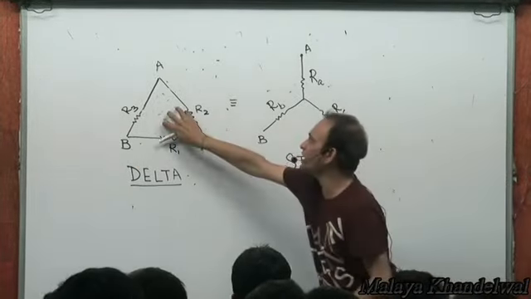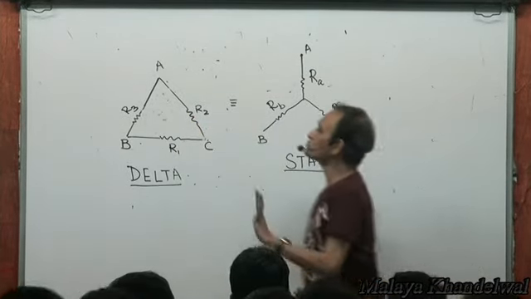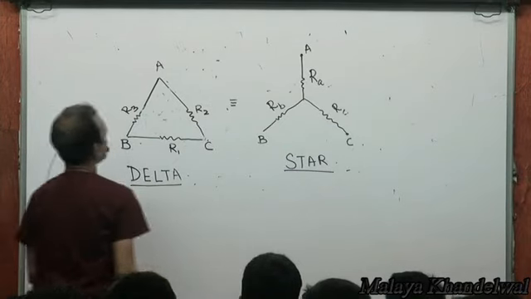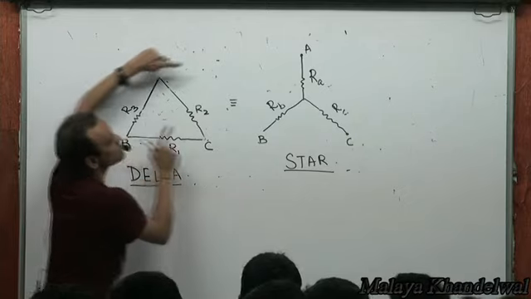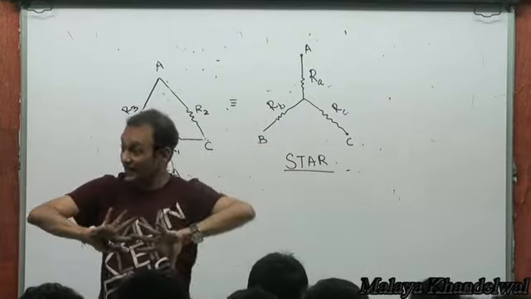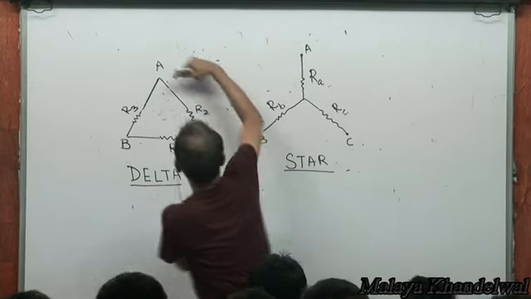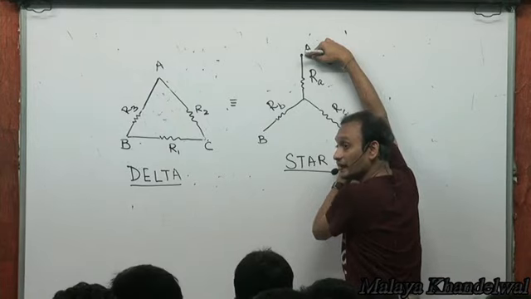Now, if these two networks are the same, then the resistance between A and B here must be the same as the resistance between A and B there. To create electrical consistency, the resistance between A and C here must be the same as the resistance between A and C there.